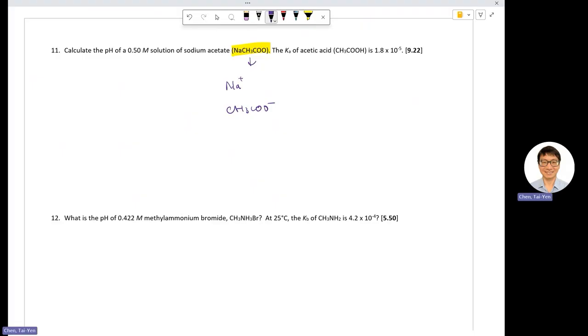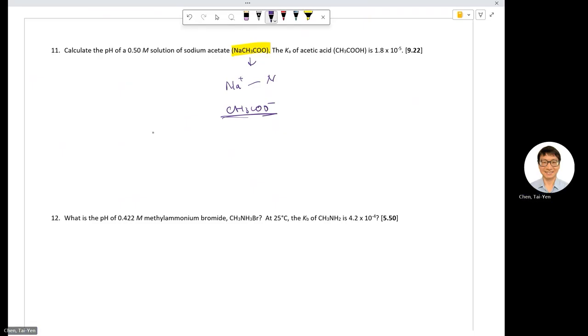Na is a group 1A metal, so Na+ is neutral. How about CH3COO-? It's basic, so you have a weak base solution.